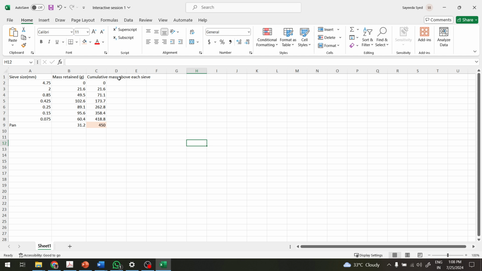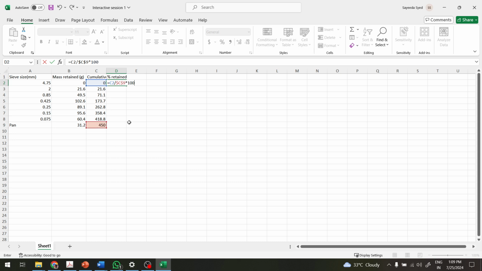So now let's calculate the percentage retained. Percentage retained is basically percentage with respect to the total mass, which is 450. So let's calculate. It will be 0 over 450 into 100.